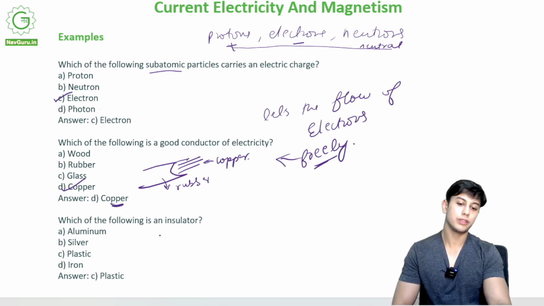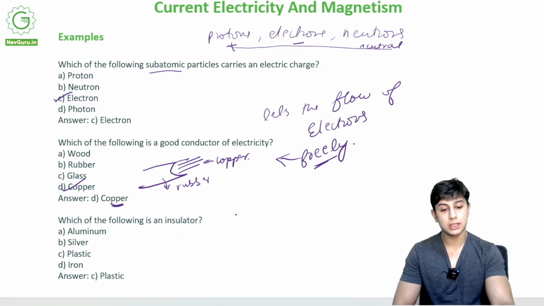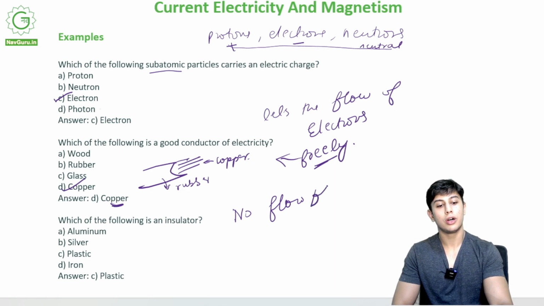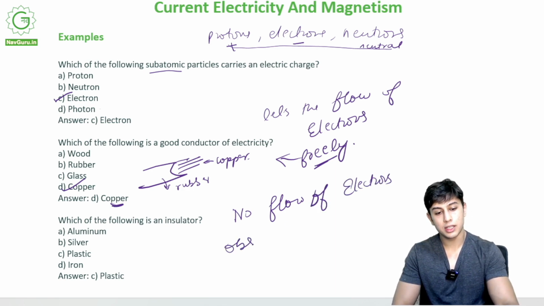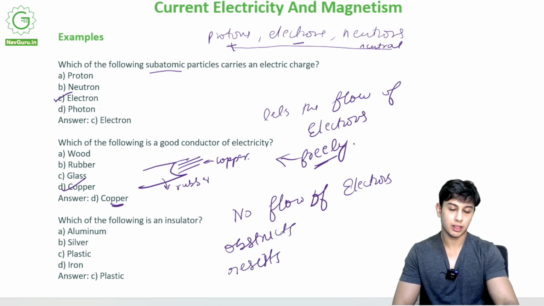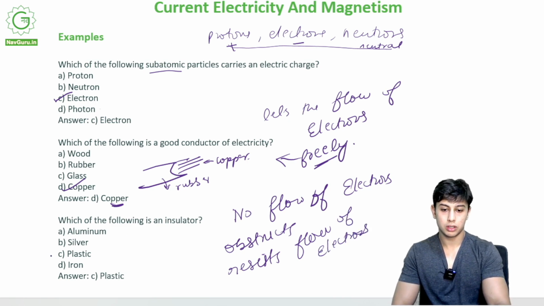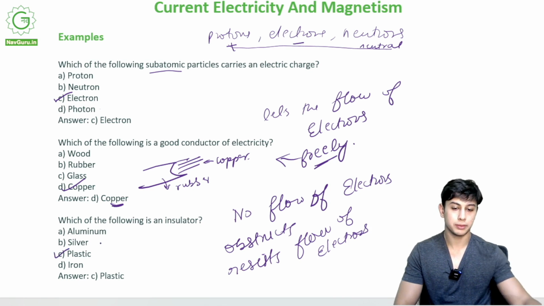Which of the following is an insulator? What is an insulator? No flow of electrons. It obstructs, resists the flow of electrons. Plastic.